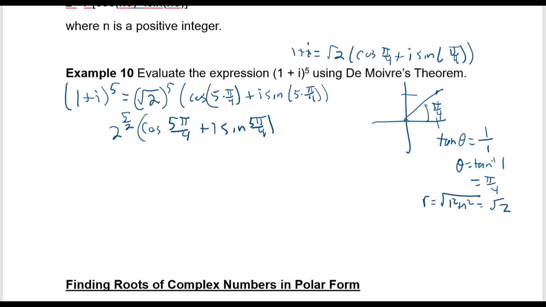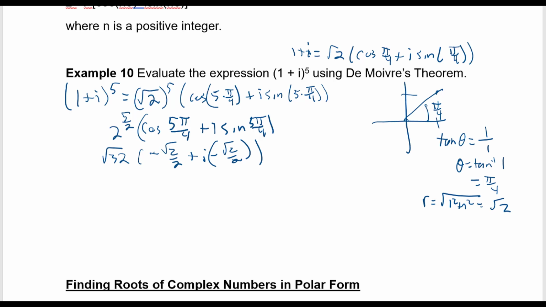This is like saying 2 to the fifth and then the square root, so the square root of 32, which is 2 to the fifth, times cosine of 5 pi over 4, which is negative square root of 2 over 2. Then i times sine of 5 pi over 4, which is negative square root of 2 over 2.